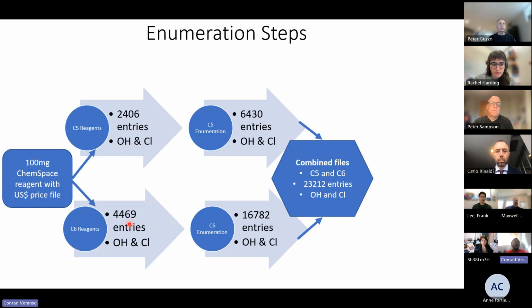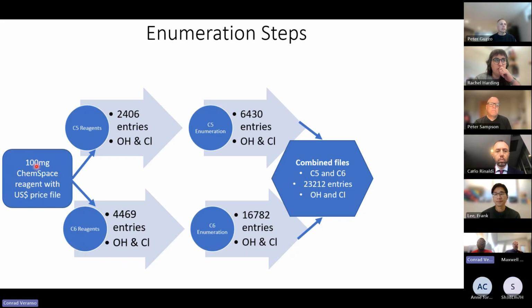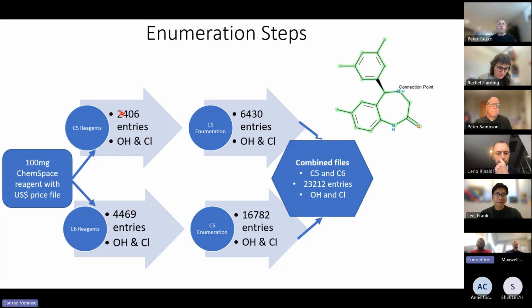and searched the chem space, 100 milligram sample with the price, and then got about 2,400 entries when accounting for the C5, the 5-membered ring with OH and acid chloride functional groups, while for the 6-membered rings I got about 4,500 entries. So the next step was to enumerate these reagents based on this scaffold, and the connecting point was on this NH.